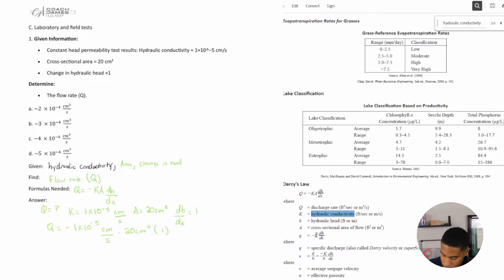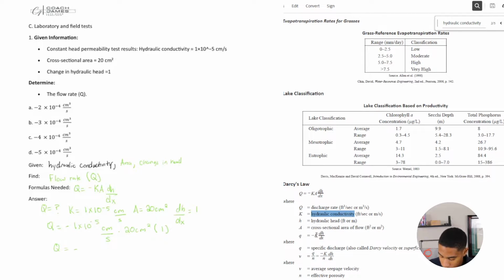When I multiply all this out, I get negative 2 times 10 to the negative 4 centimeters cubed divided by s. Or same thing as A. Answer is A.